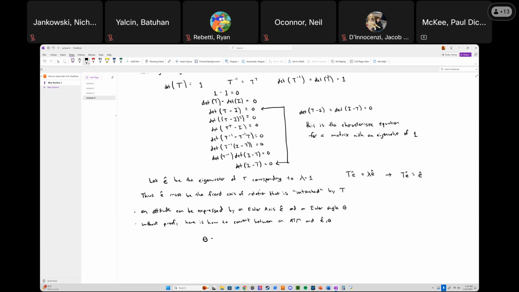Theta, if you're starting with T, is the arc cosine of the trace of the matrix minus 1, over 2, where TR is the matrix trace operation, which is just summing diagonal elements.